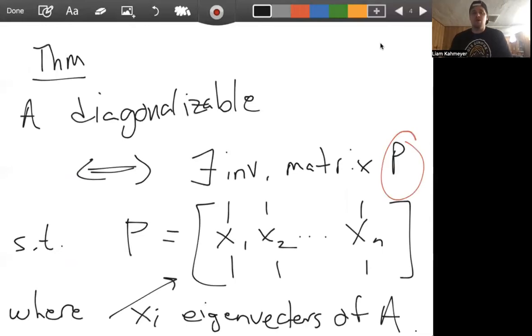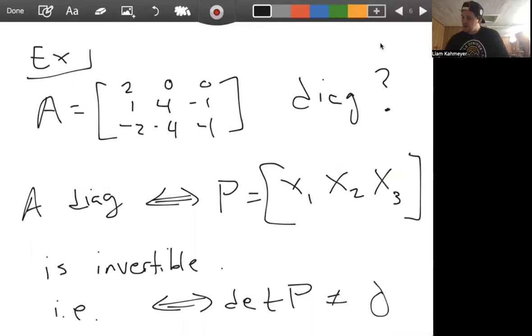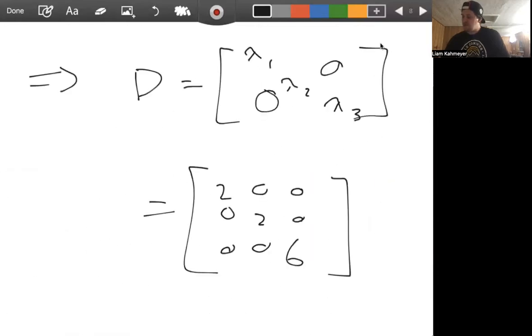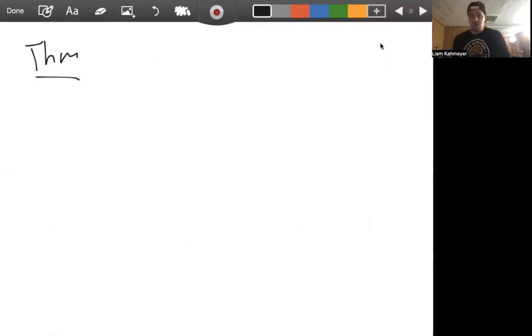We said, well, all you have to do is compute the eigenvectors of the matrix, take the determinant, and see if it's 0 or not 0. Depending on the context or the hypotheses that you're given, that may not be the most efficient or convenient way to determine if a given matrix is diagonalizable. So let's look at a few different ways.